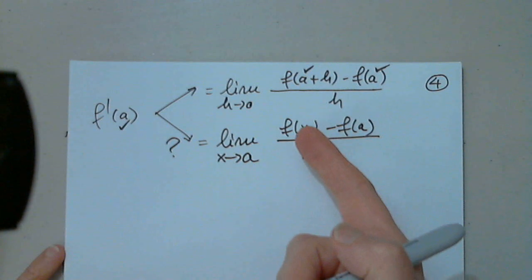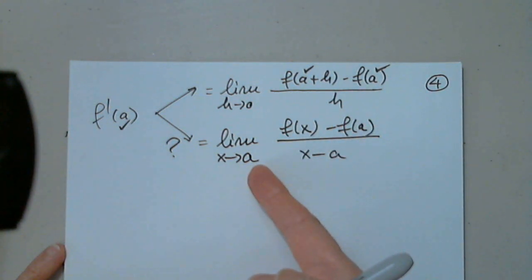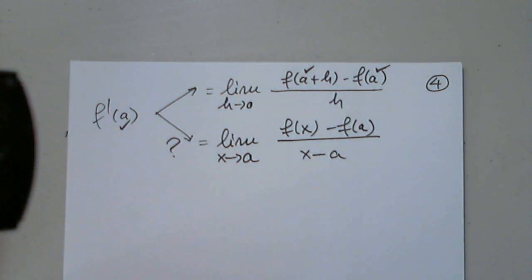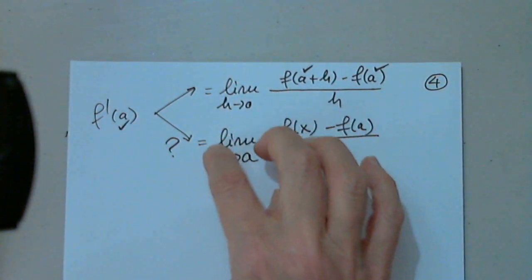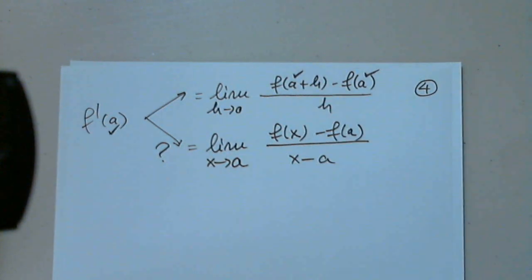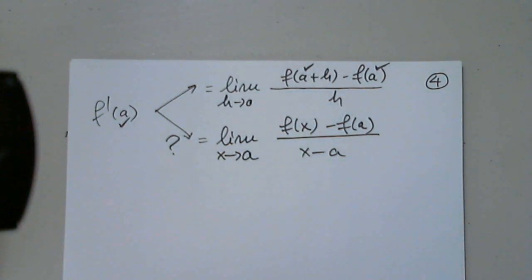Same thing: y2 minus y1 over x2 minus x1 when x approaches a. It's exactly the same definition. It looks different, and for some functions, this will be easier to simplify than the other one. That's all there is, but I didn't get the chance to present these two to you last time.